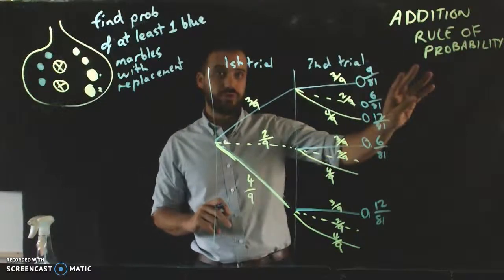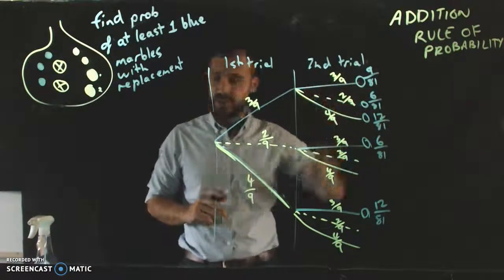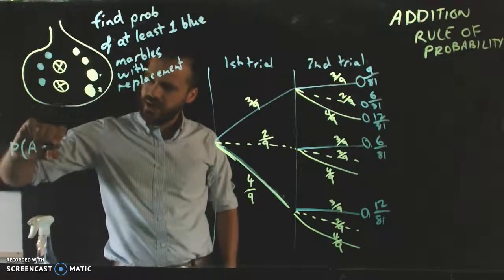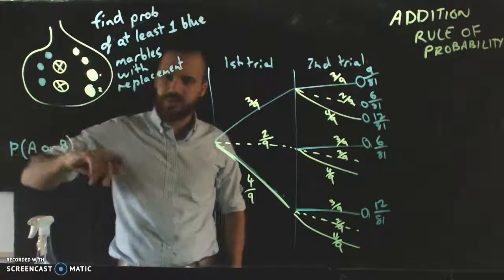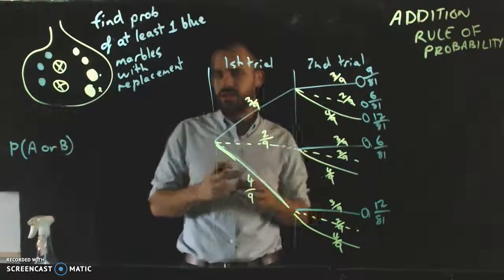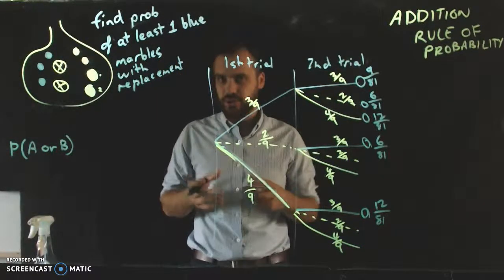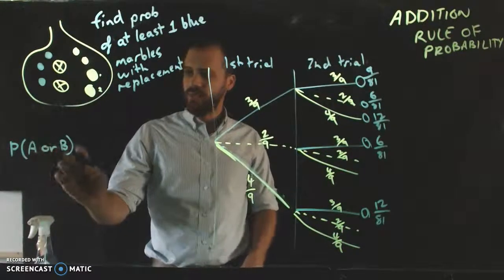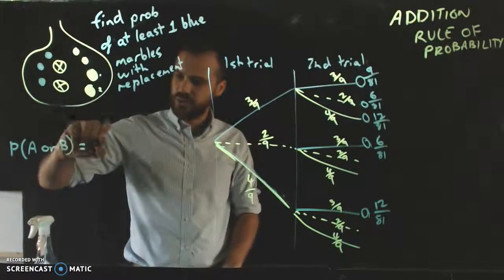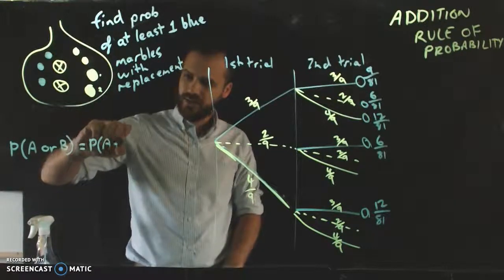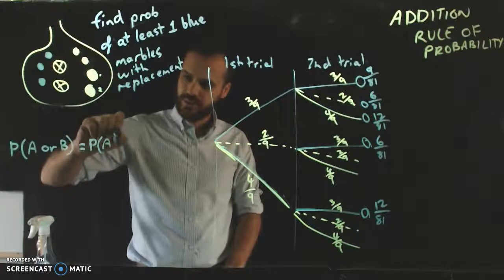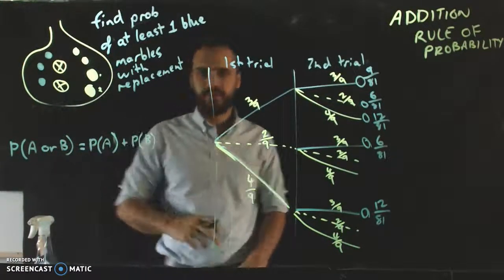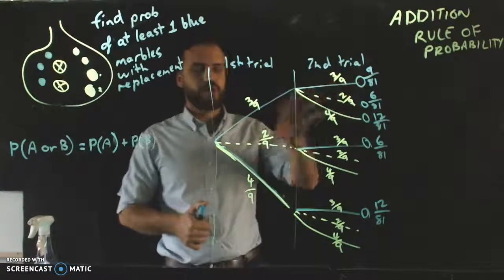Now, the addition rule of probability, the thing that we came for, is this. The probability of A or B happening, as long as the events are mutually exclusive, that means they can't happen at the same time, is equal to the probability of A plus the probability of B. Okay, so we don't care which of these happens.